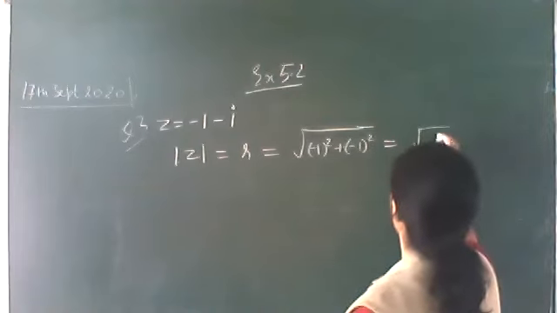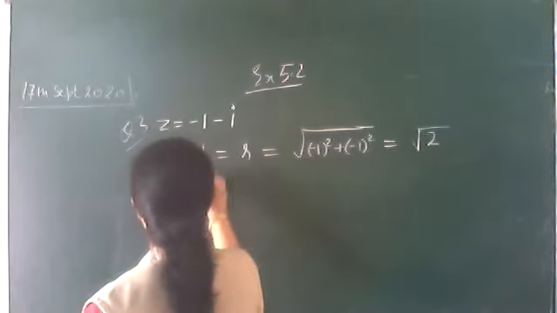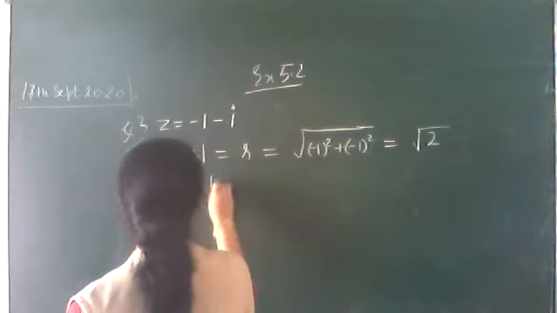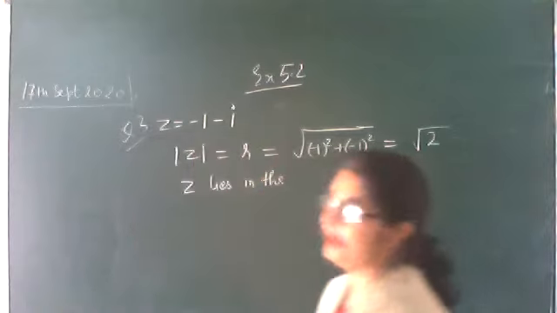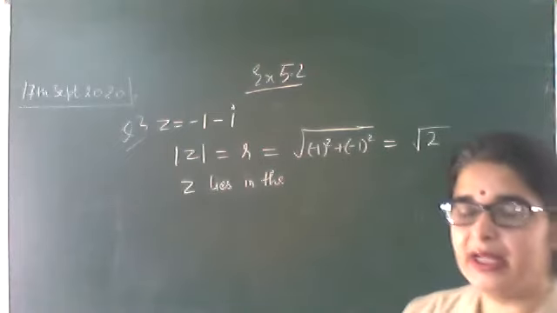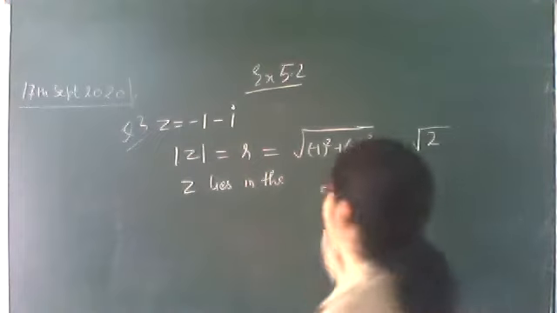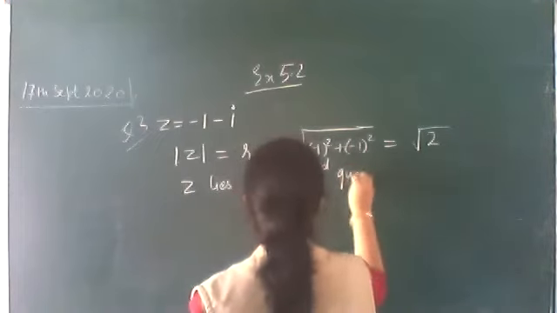Very good. Now theta. Z lies in which quadrant? Third quadrant. Very good. Z lies in the third quadrant.